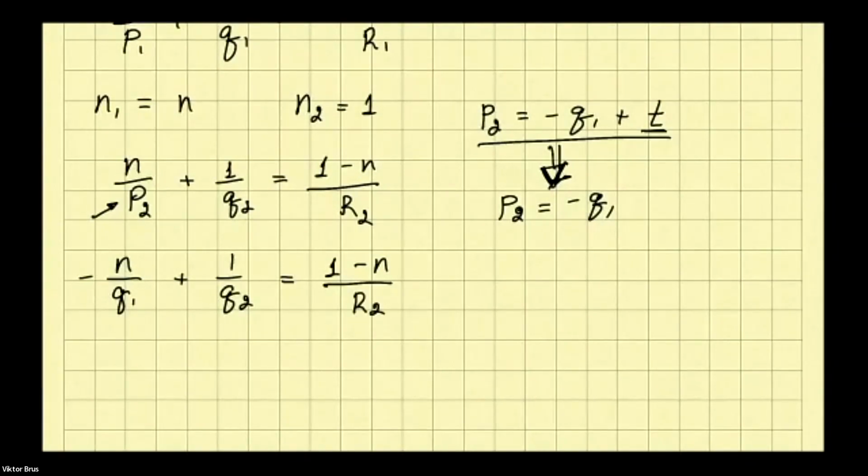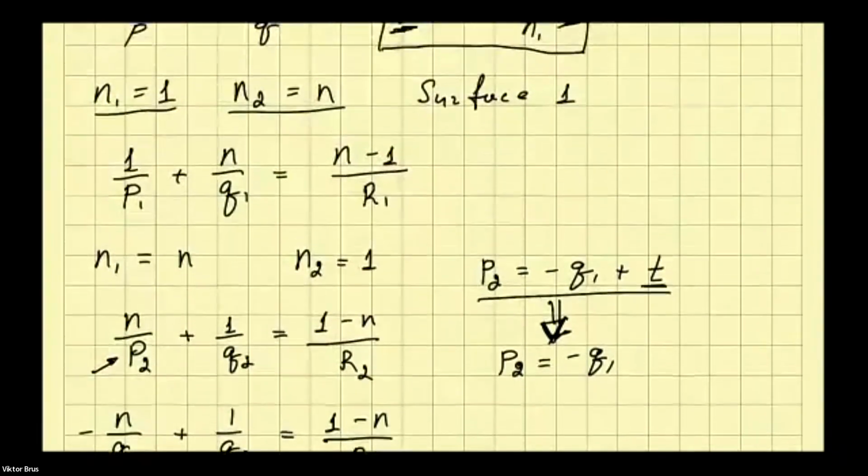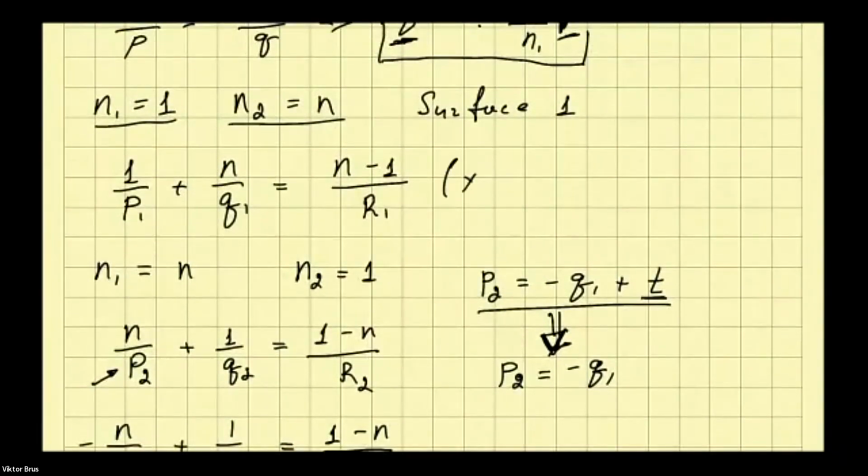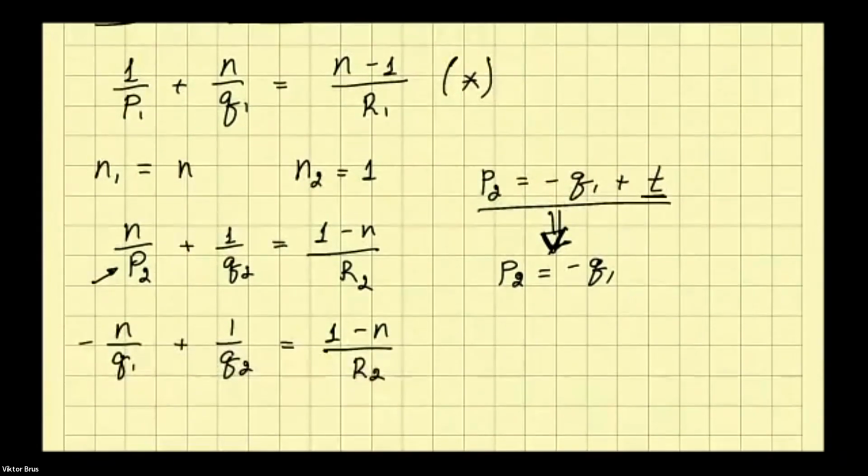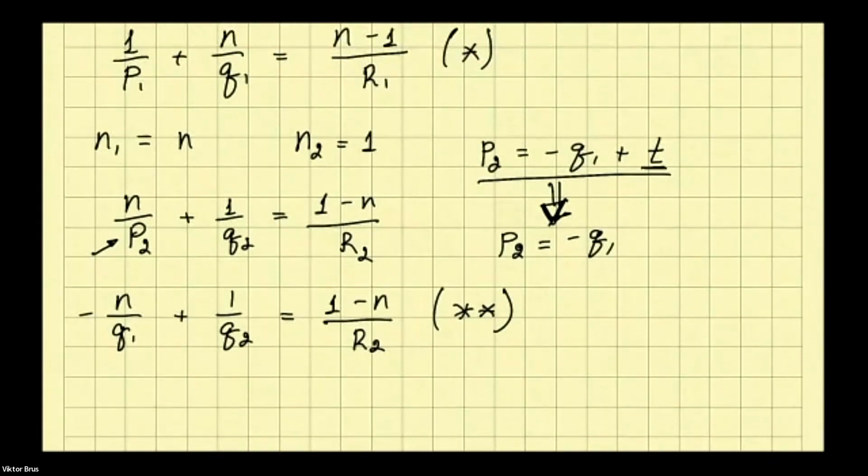So now let us look here. So this equation prime is equation for first surface. Equation double prime is actually equation for the second surface, assuming that the image of the first surface serves as the object for the second surface.